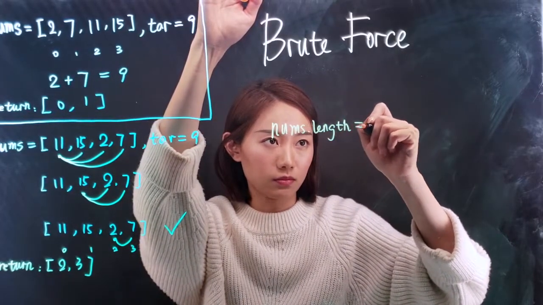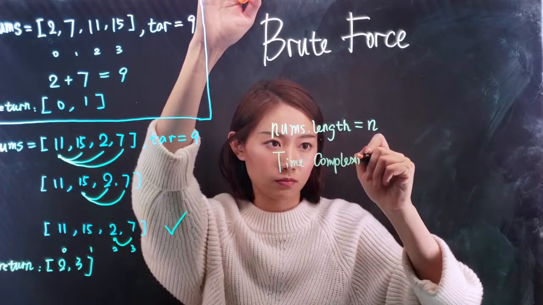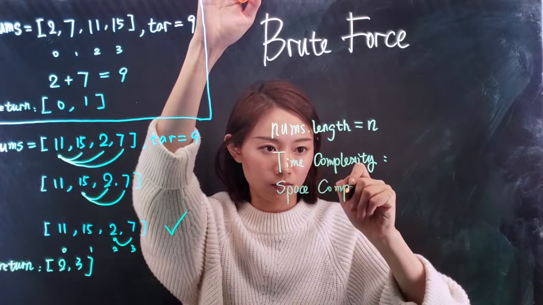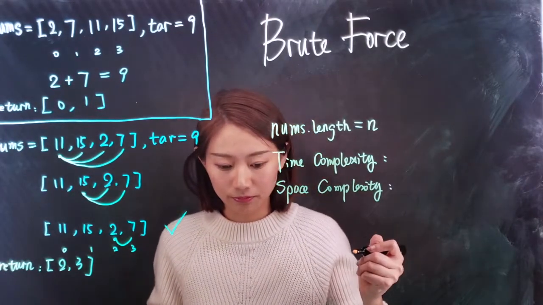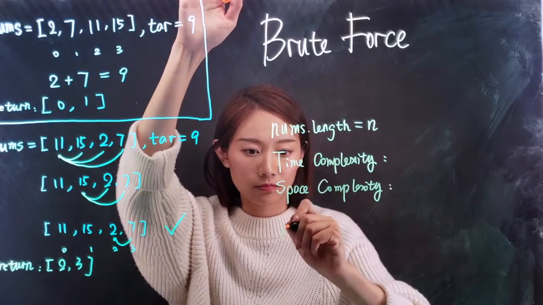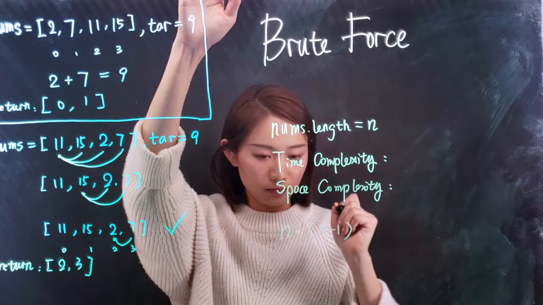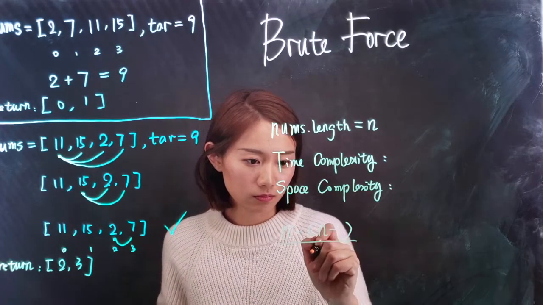Well, back to our brute force solution. What's the time complexity of this solution? If the length of this array is n, we have n numbers, and for each number, we add it with the other n minus 1 numbers in this array.